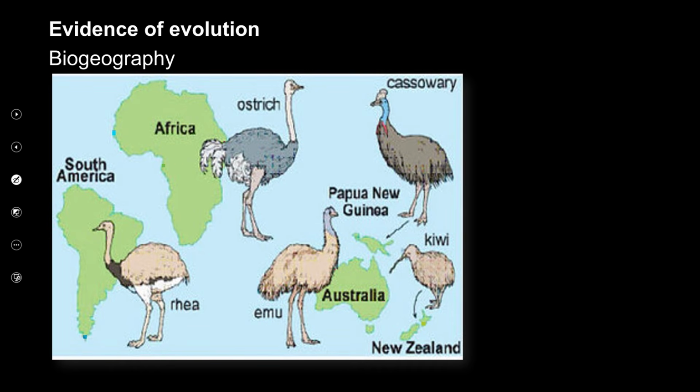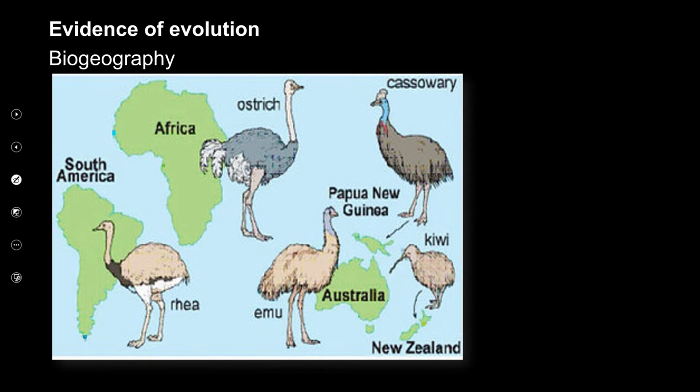So when we have a look at this, we see that there are characteristics in common. So we assume that they have come from a common ancestor, which then means that they must have emerged or evolved from that common ancestor in a particular region. So this gives us an idea that perhaps these continents before were joined.